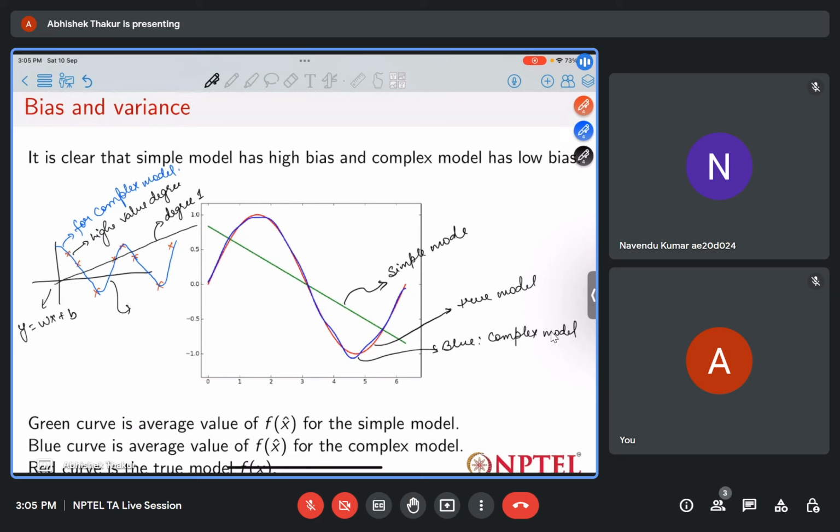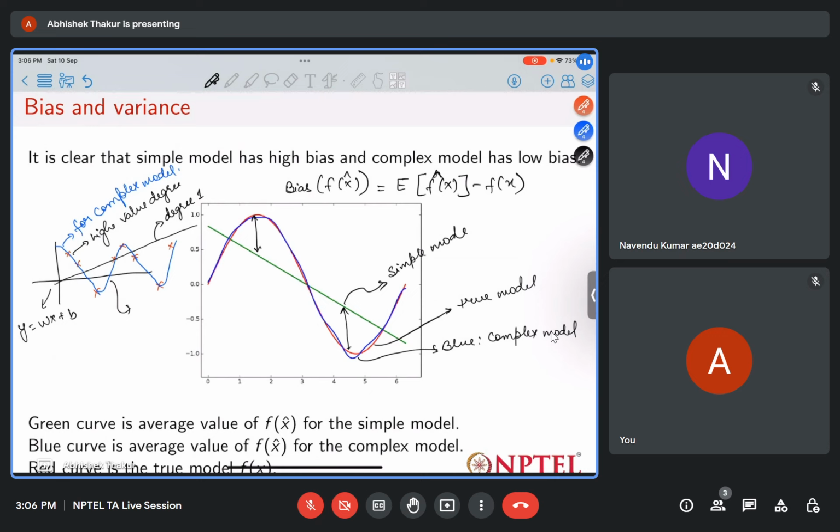Actually, bias is defined as, I will first write what is bias. Bias of f hat x is equal to the expectation of the predicted value minus the true value. Here you can see the difference between the expected and true value is very high in the simple model case.